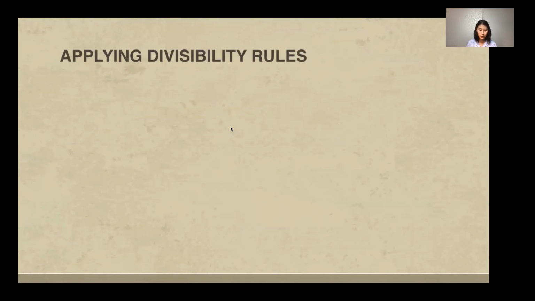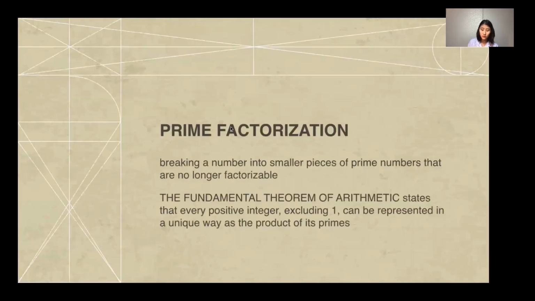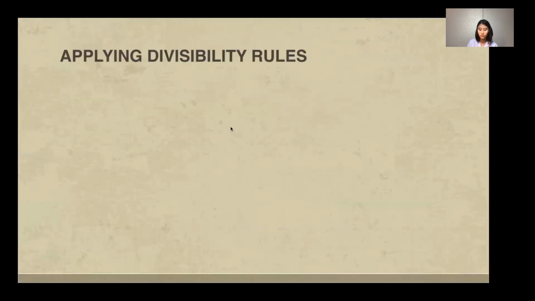So let's try to take a number and factorize this number into primes by applying some divisibility rules. We'll take a look at 38,052.